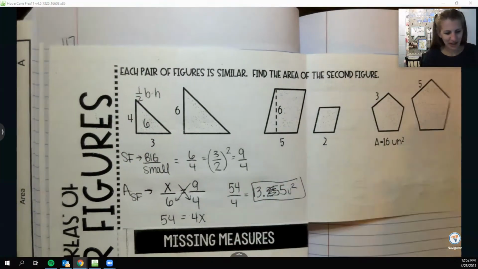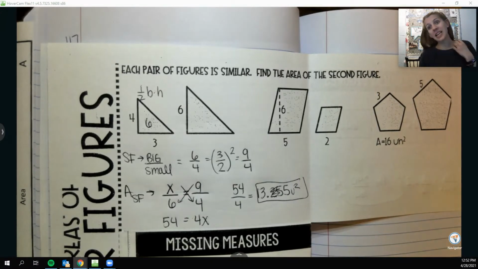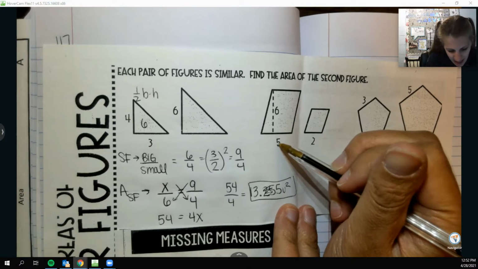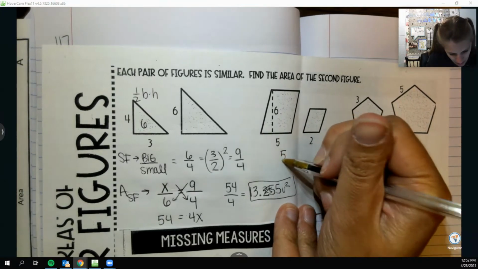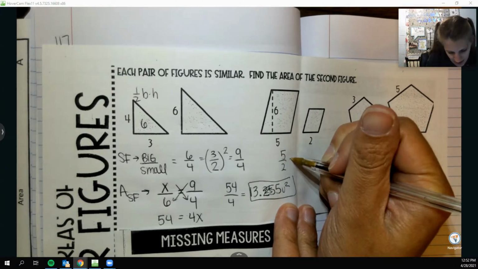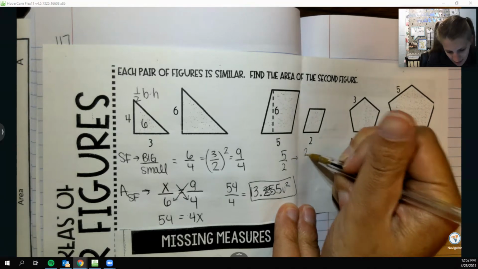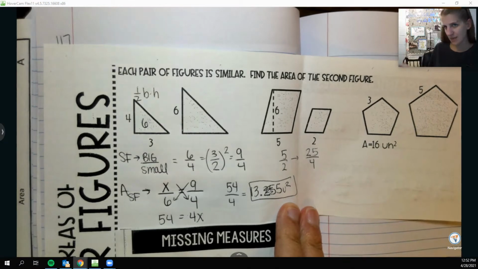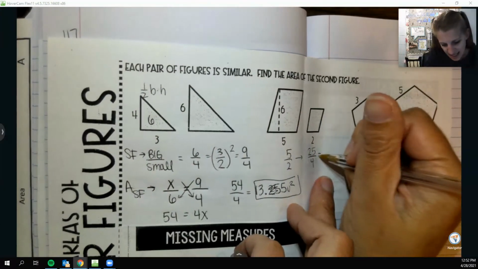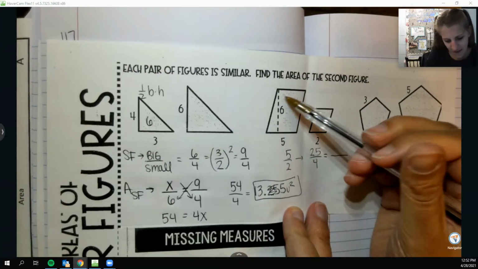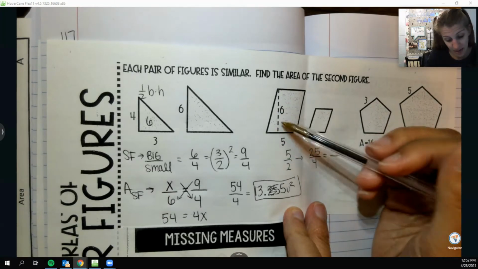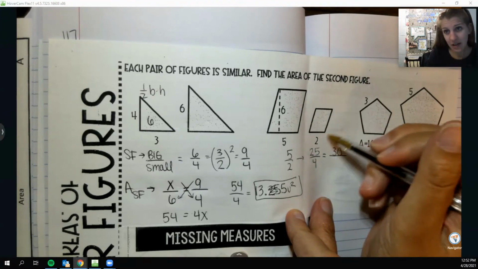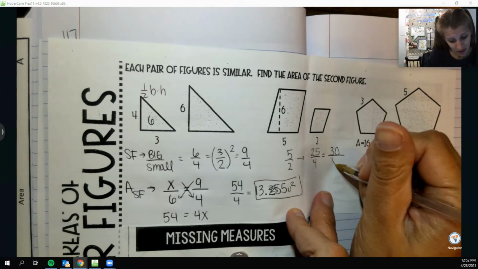All right, let's try a parallelogram. So if I'm looking at the next one, the parallelogram has a scale factor of 5 over 2 or 2 over 5. And so the scale factor of the area will be 25 over 4, since it's squared. And so then I can set that equal to the area of the big one, which I can find by doing base times height, so 30, over the area of the small one, which I do not know, but I will be able to figure it out.